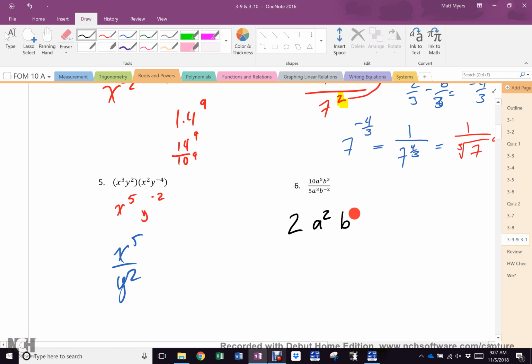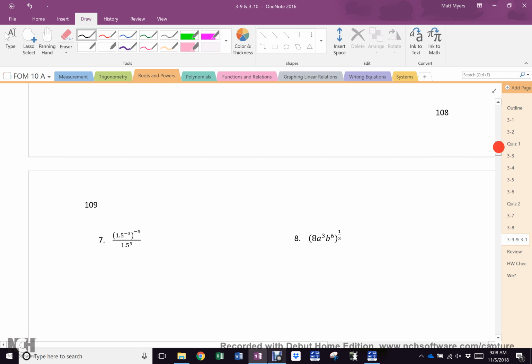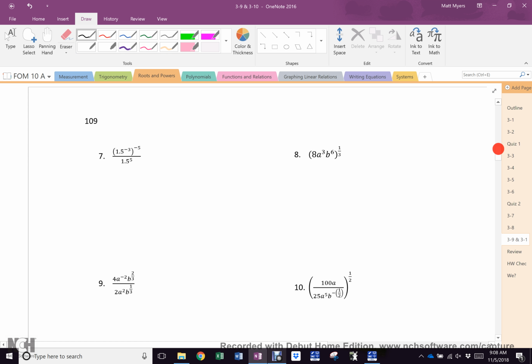B to the 5th. So if you know how to do each single one, do you know how to do the whole thing? Of course you do. Until test time. There's no A on that. Anything weird about 7?